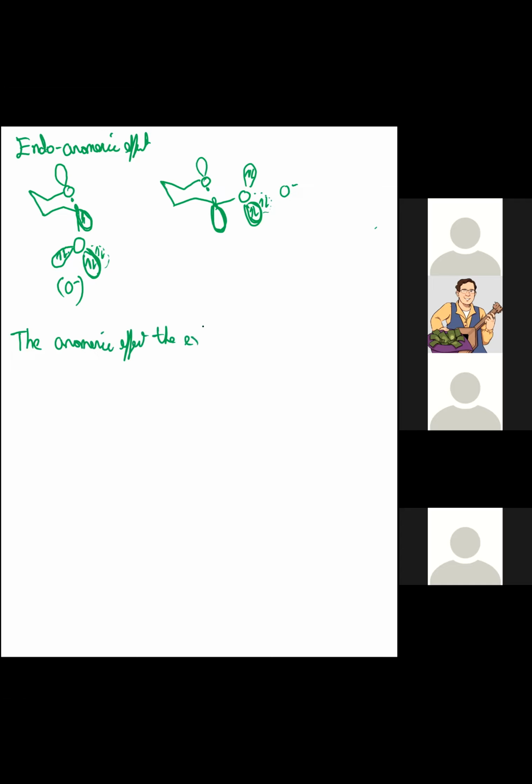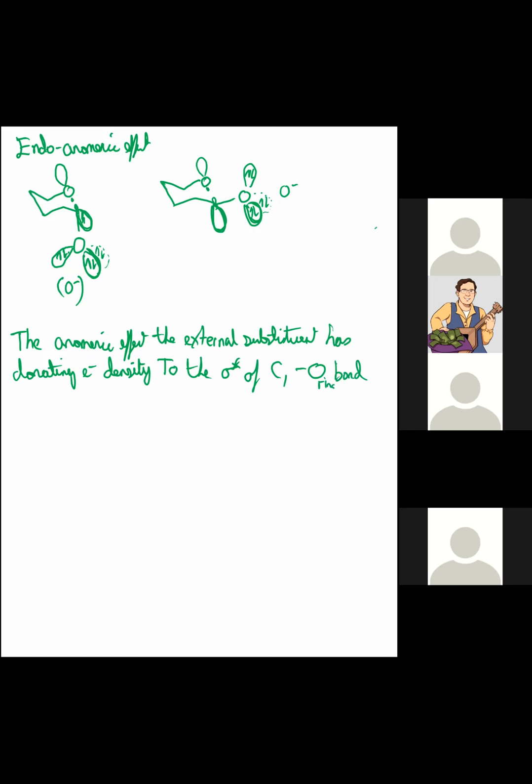The external substituent has donating density around space into the sigma star of the C1 O ring bond.